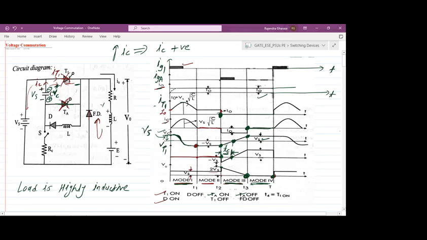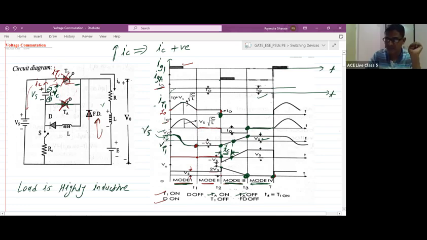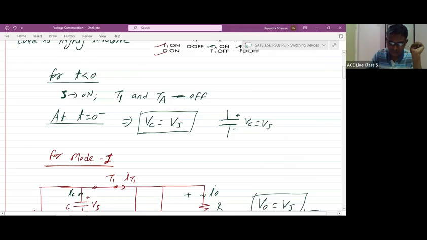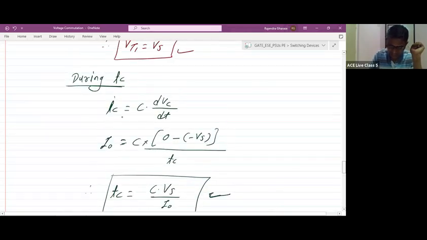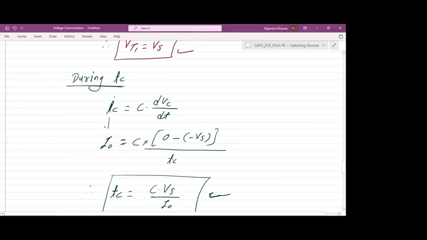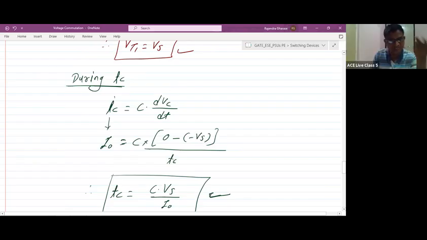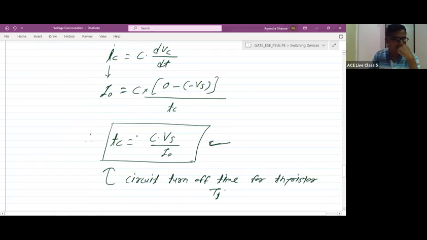And what is the change in time? That is TC. So IC is equal to C dVC by dt, and IC during TC is I0. C as it is, dVC is 0 minus of minus Vs, and dt is TC. Accordingly, we have written the TC expression.